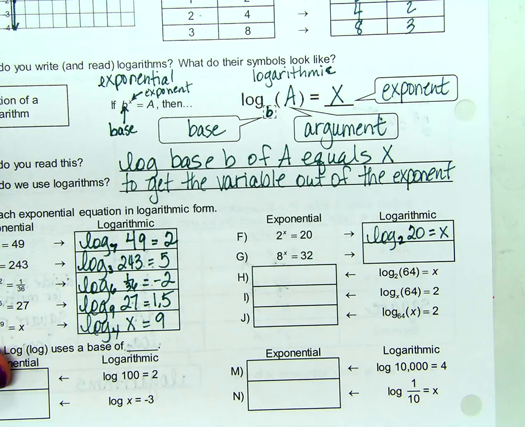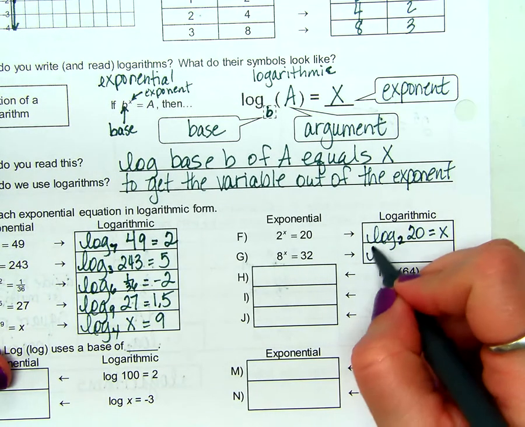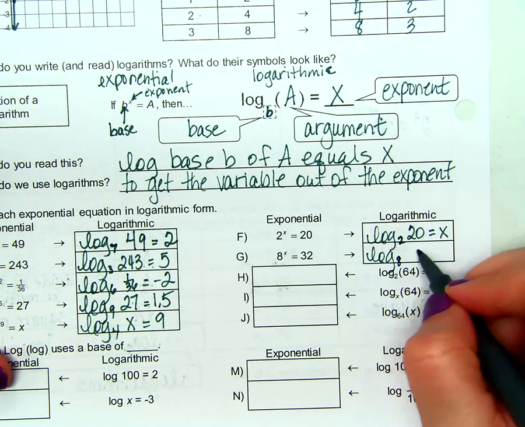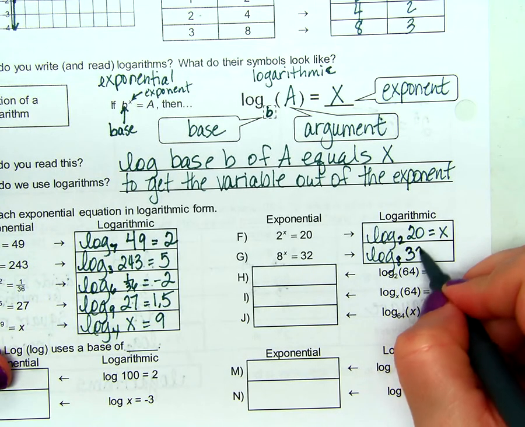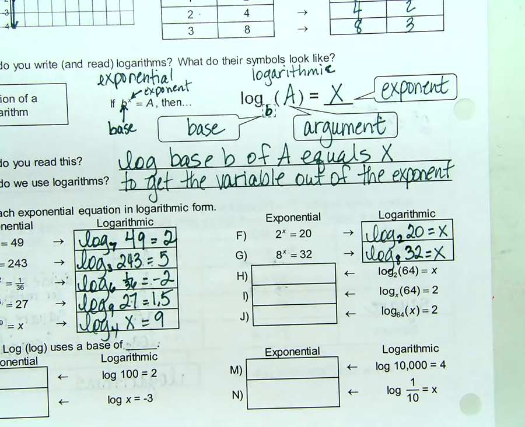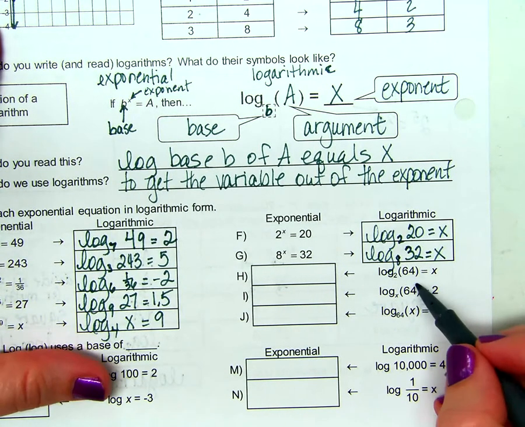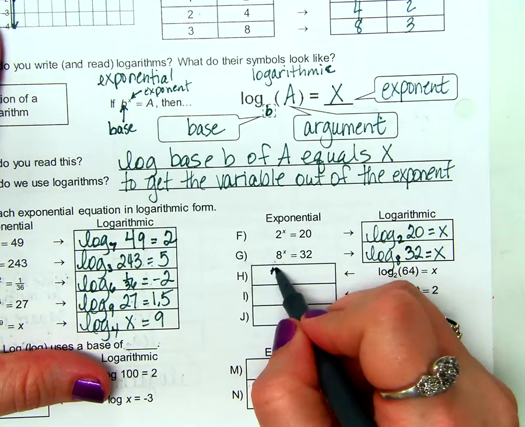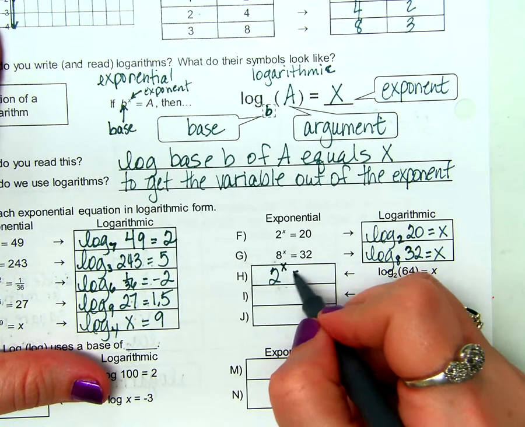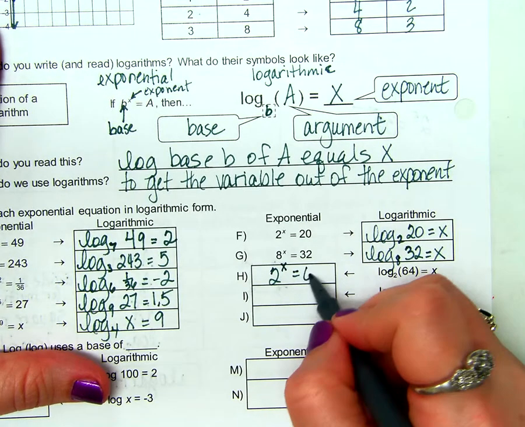What about G? Log base 8 of 32 equals x. Now, can you go back the other way? Okay. 2 to the x equals 64.